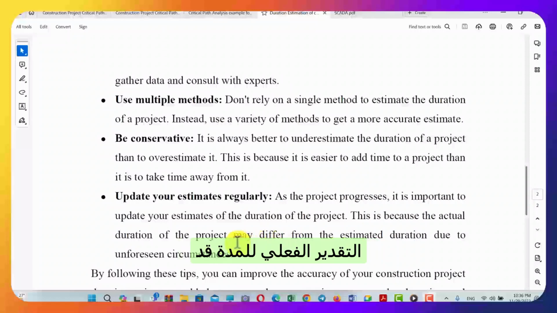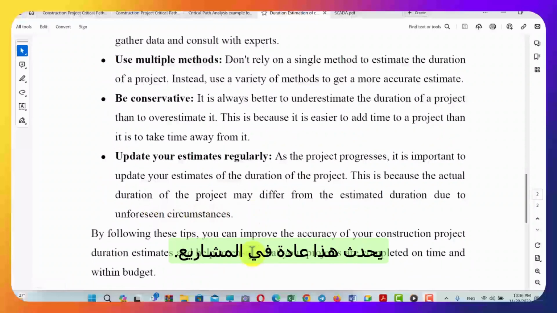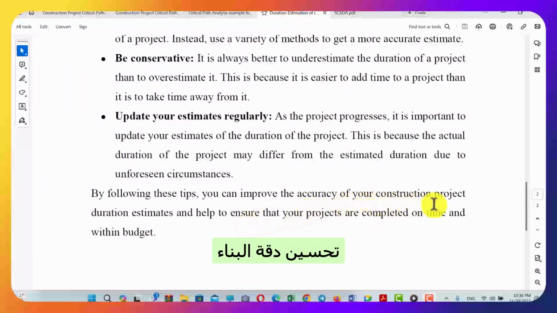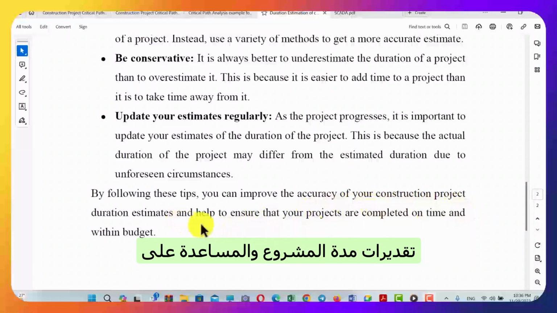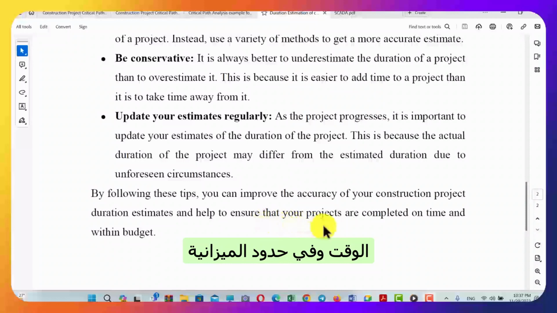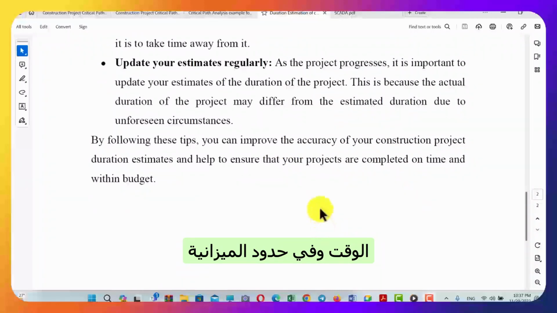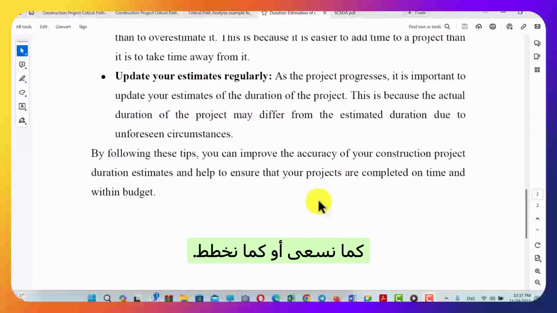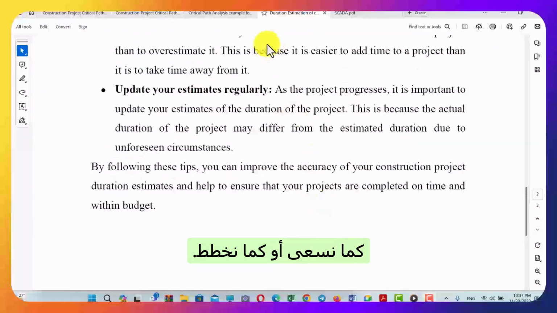The actual duration might differ from the estimated duration due to unforeseen circumstances. This usually happens in projects. So by following these steps, we can improve the accuracy of construction project duration estimates and help to ensure that the projects are completed on time and within budget, as we seek or as we plan.